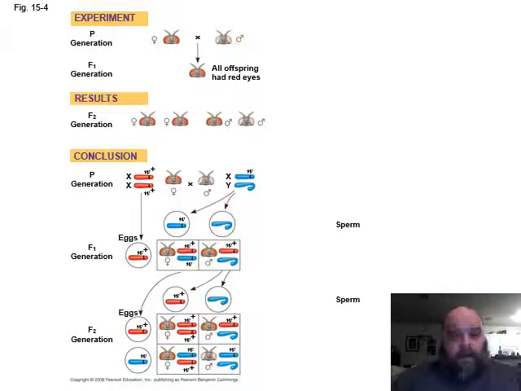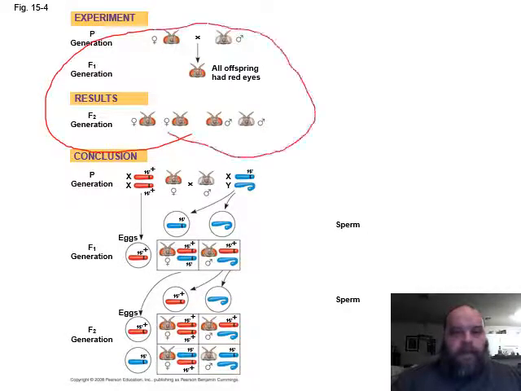When you looked at just the phenotypes in this experiment, red eye female, white eye male, everybody in the F1 red. But right here's the problem. Mendelian genetics does not explain that.